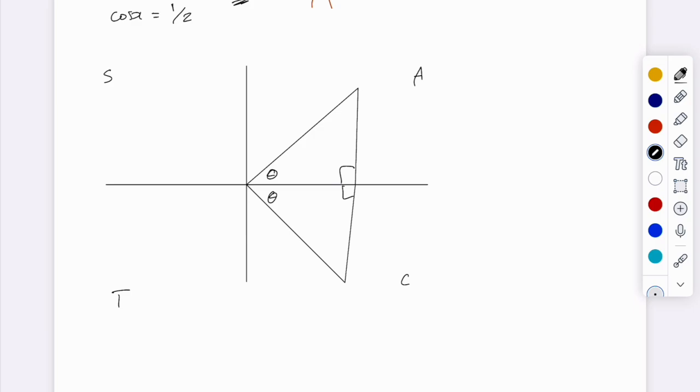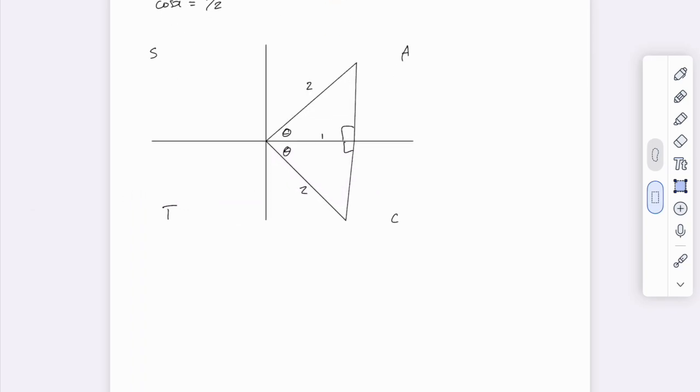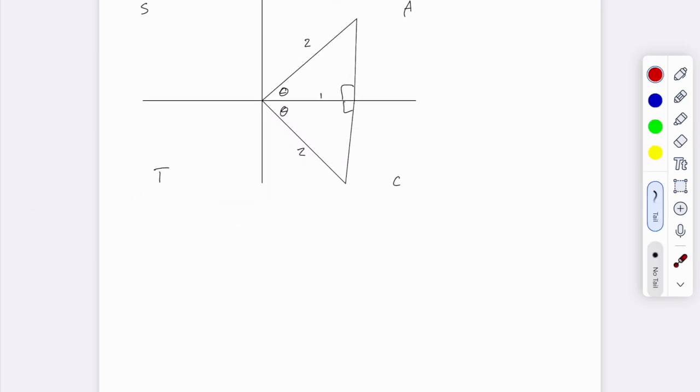Cos is equal to adjacent over hypotenuse, so we put 1 here, 2 here, and 2 here. And what does that give us? In the first instance, theta is equal to pi over 3, arc cos of a half.